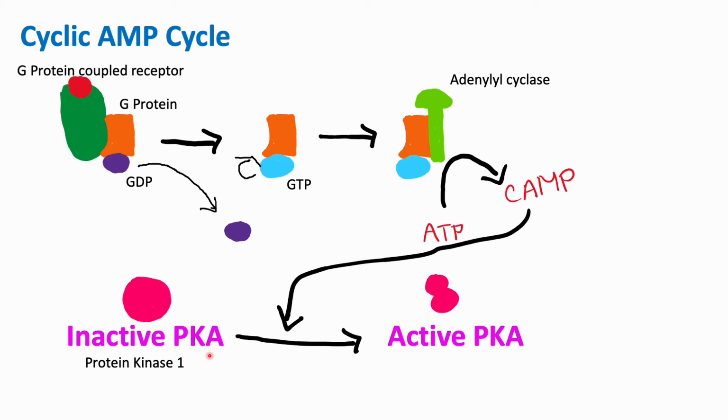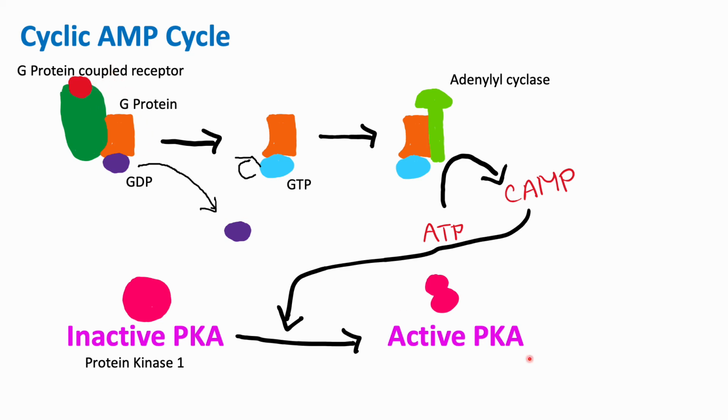Now, a protein kinase, well, first of all, it's a protein. That means it's made up of amino acids. Second, it's a kinase, and a kinase transfers a phosphate group, and usually an ATP molecule is utilized. Now, a protein kinase 1, once it becomes activated, it can go on to phosphorylate enzymes or molecules to cause the effect that the signal was wanting to cause.